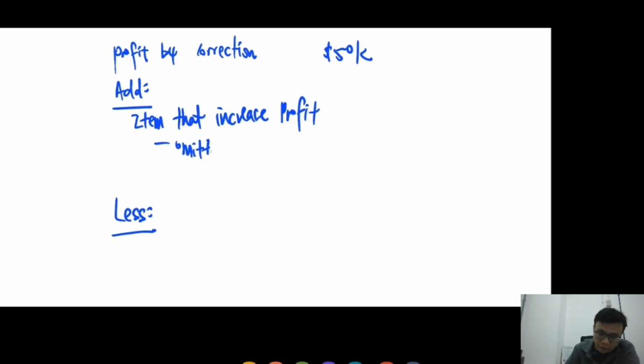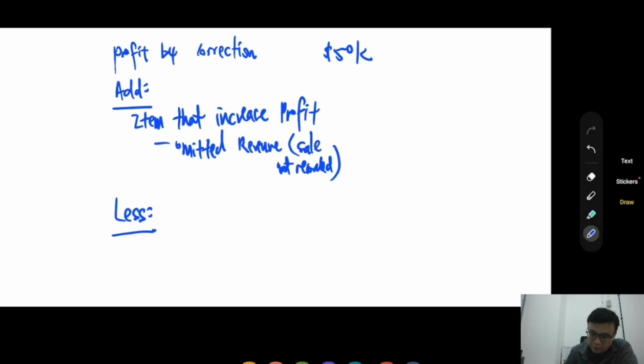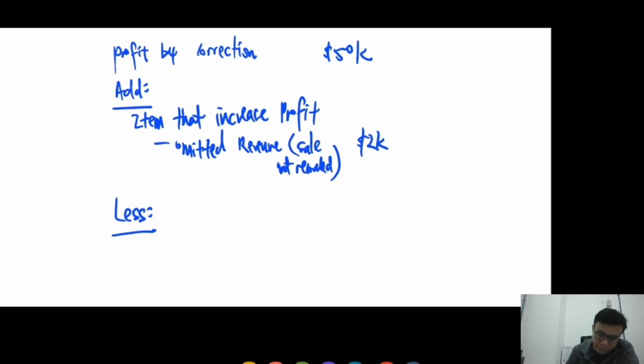First and foremost, we have omitted revenue, i.e. sales not recorded, $2K. After that, we have overstated expenses.